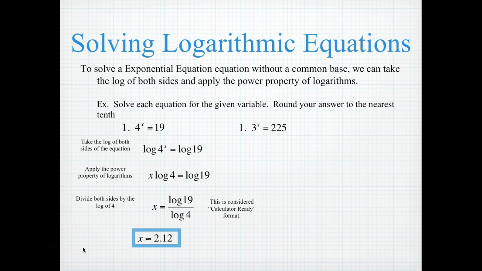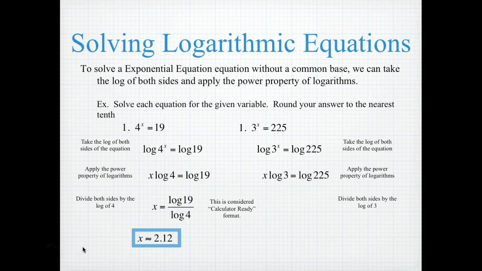In the next example, we're going to follow the same process. Notice the left and the right side, 3 to the x and 225, cannot be expressed using a common base. So therefore, we take the log of both sides of the equation, which gives me the log of 3 to the x power equal to log of 225. Now we're going to employ the power property of logarithms, which brings my variable out in front, and I express it as x times the log of 3 is equal to the log of 225.